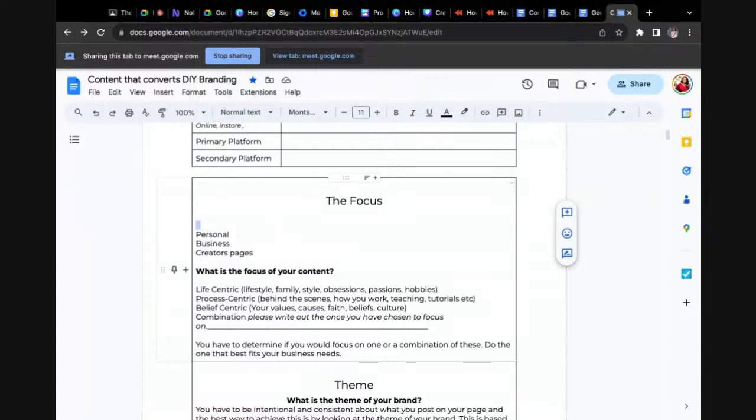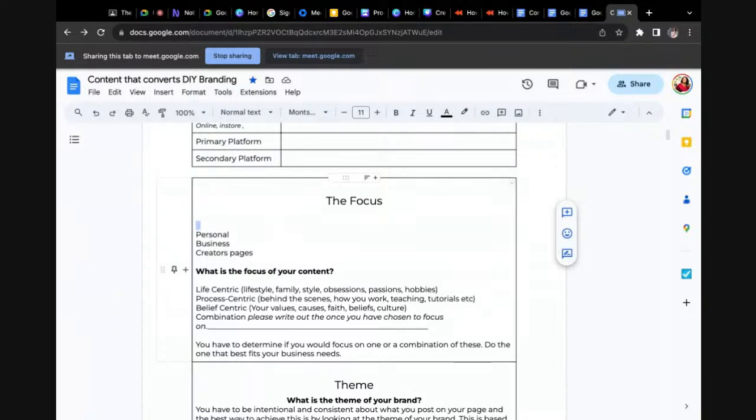And why I said personal brand, business, and creator, why we're still leaving it as those three categories, is simply because we have people that have personal brands but will not refer to themselves as content creators or influencers. Then we have people that have businesses that will not refer to their businesses as personal brands.